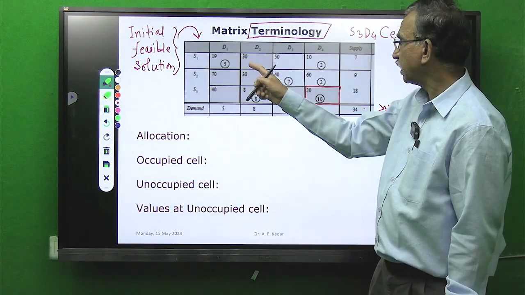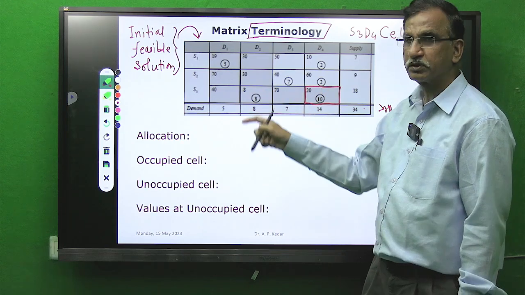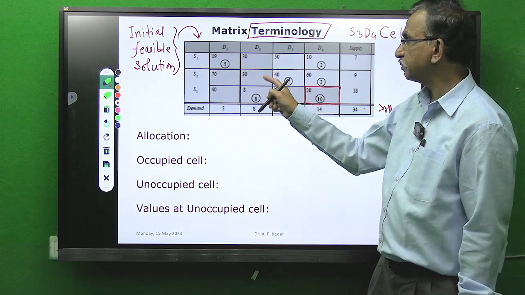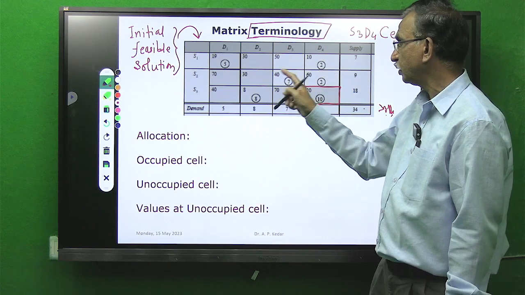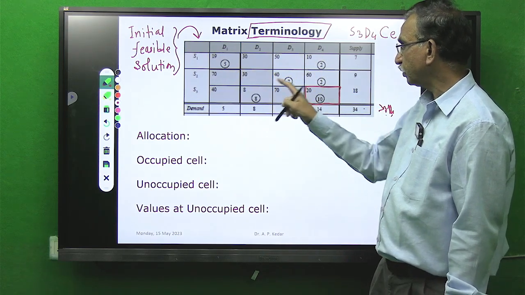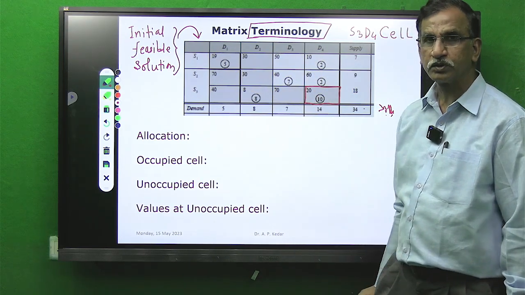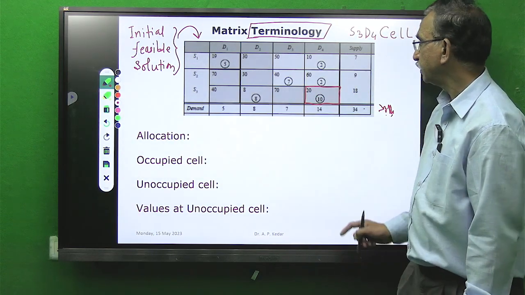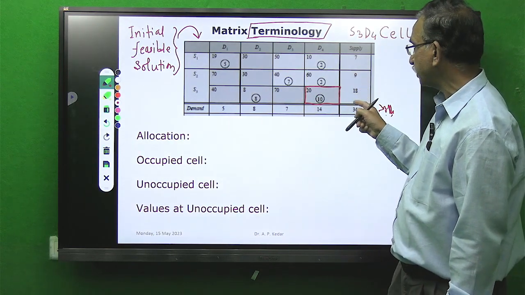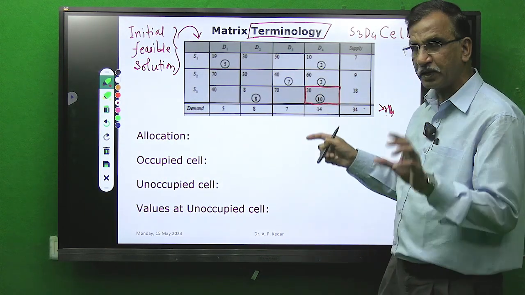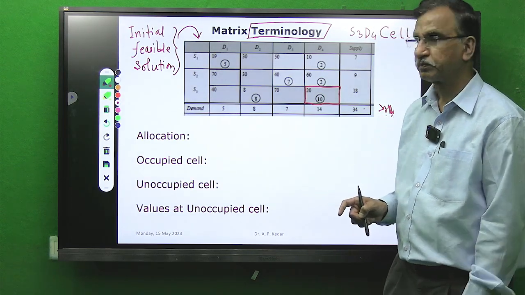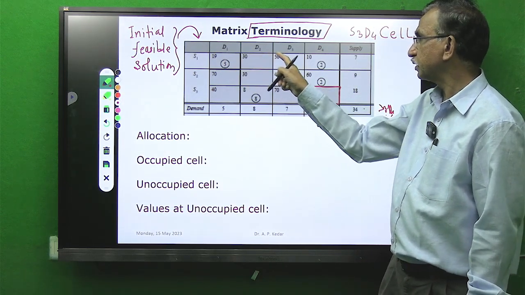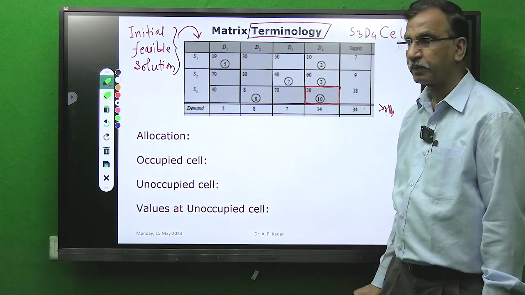Similarly, there are 12 cells in this matrix. Each row has 1, 2, 3, 4; 1, 2, 3, 4; 1, 2, 3, 4. 4 threes are 12 cells. So these are not cells from our understanding point of view. We are interested in the cells where there are cost values. See here, there are cost values.